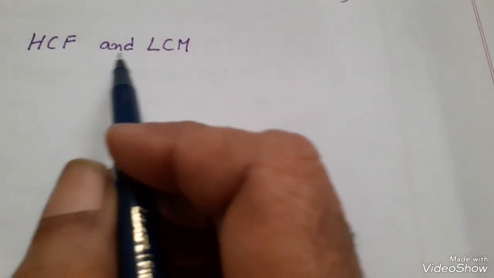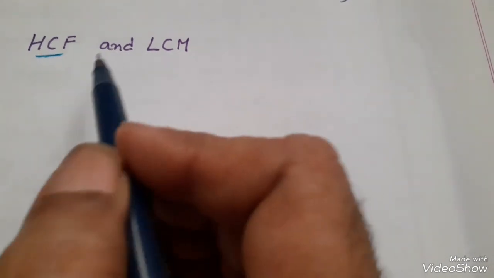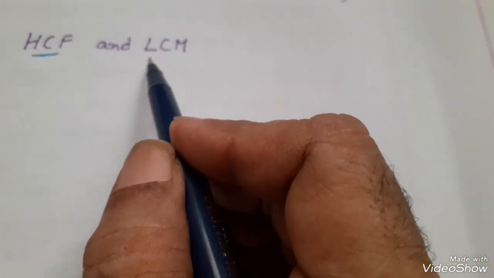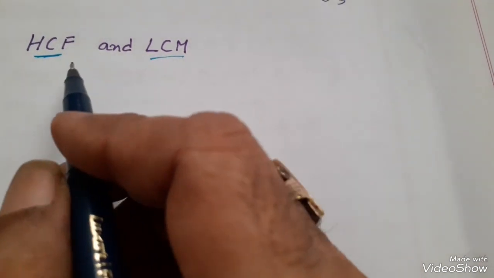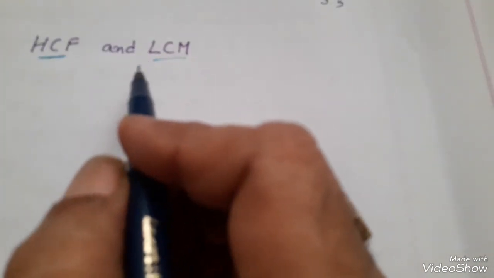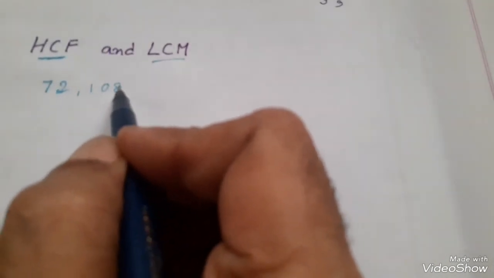Now HCF and LCM. HCF means highest common factor, LCM means least common multiple. How can we find HCF and LCM of two numbers? For example, you take 72 and 108.